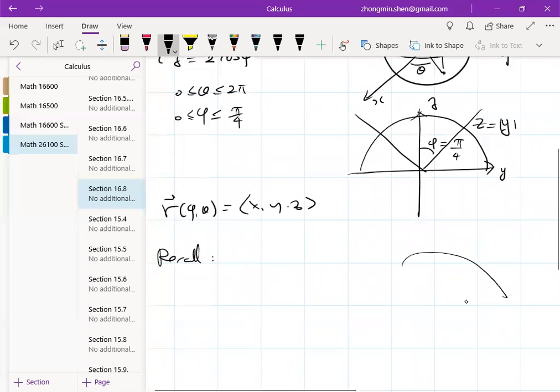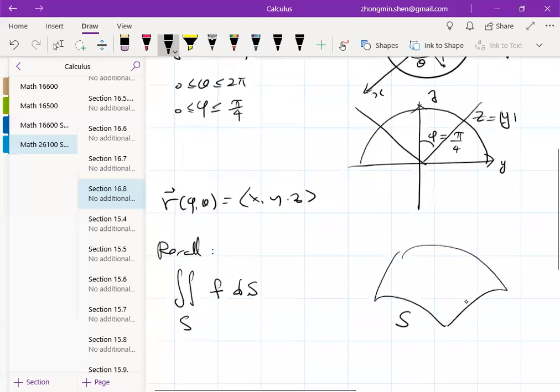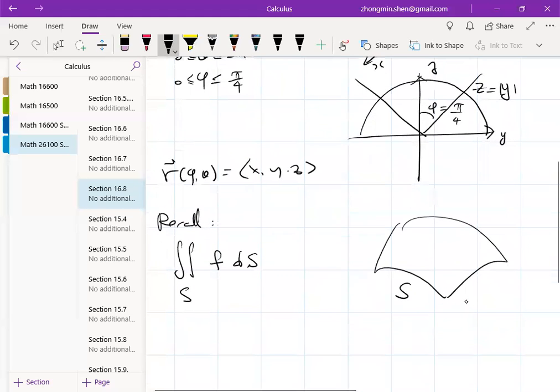For the surface S, you can have a function defined on the surface, then you can talk about the surface integral. Now, in order to calculate the surface integral, you have to parameterize the surface.